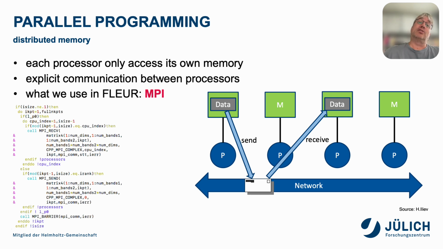So if you have some data in some memory, which might be local to one processor, it might then be sent in a message to some other memory location where another processor can access this data. And this can then be used in order to distribute your code over different nodes, but of course it could also in principle be used on a single node, where this memory in principle would still be shared.